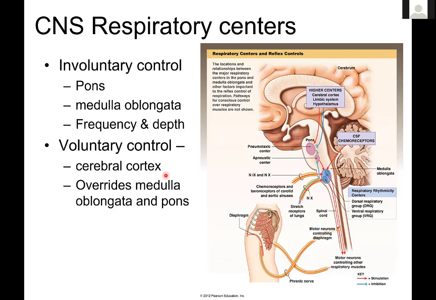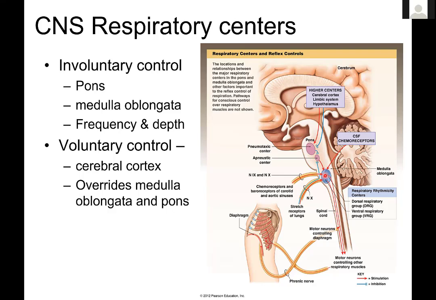So there's a motor homunculus that corresponds to the locations of muscles and also how many motor units they have. That's a reminder for 241, hint, hint. So those upper motor neurons, those pyramidal cells, descend and basically override the medullary and pons sections in the short term to change your breath.